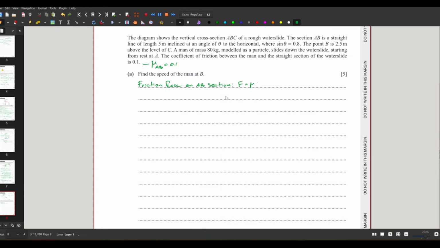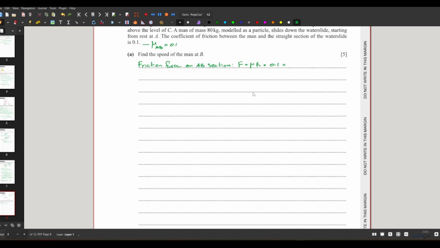So F equals mu R. Mu is 0.1 times R is the component of the weight, 80g cos theta. So F equals then 0.1 times 80 times g is 10, cos is 0.6. So you will receive 48 Newton. So you know the friction.